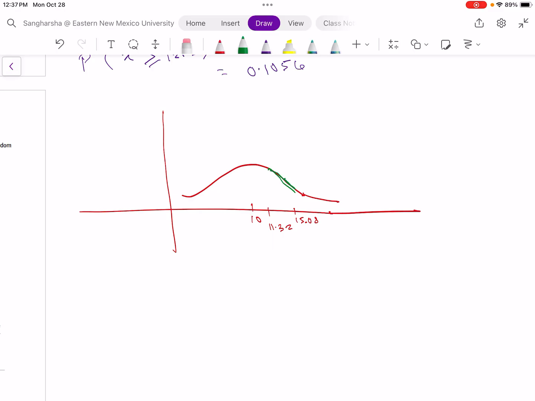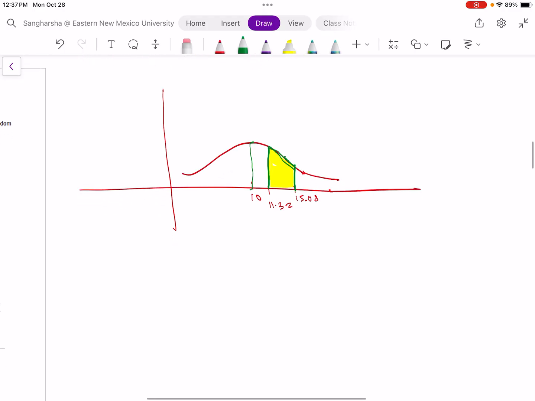Okay. So we are finding the area of this region. Let me draw a vertical line at 10. And if you have this much during your exam, then you still get the credit, okay?